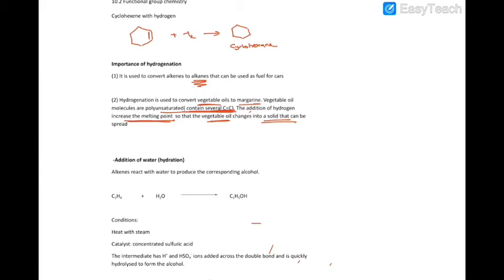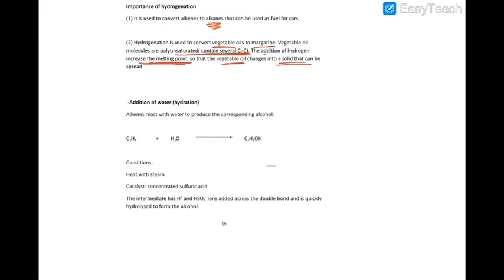Margarine is just vegetable oil, but you're not going to spread vegetable oil on your bread, so you spread margarine. They break these double bonds, turn them into single bonds so that the melting point increases and it changes into a solid that can be spread.